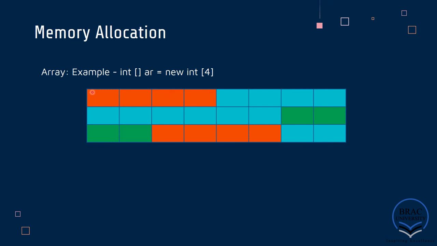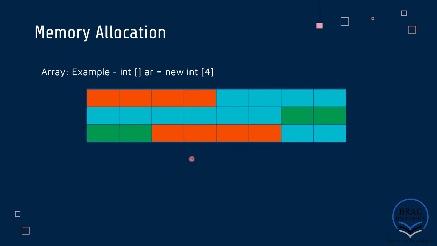So this orange field, let's say if the computer gave us this memory, this is a valid representation of a memory allocation of an array. The second orange one is also valid. Any contiguous 4 spaces are valid. However, if you look at this green one, we have some here and we have some here.